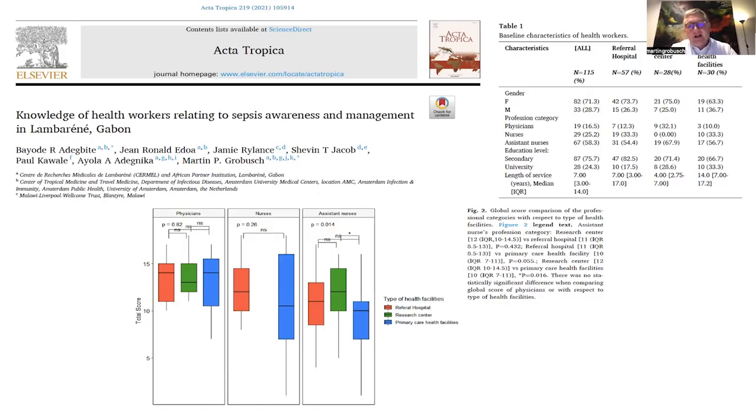And here I'm just referring to one paper, and this has been done by our group together with those of Jamie Rylance and Shevin Jacob across Southern Africa, including Malawi and Gabon and Central Africa. We looked in detail into the level of knowledge between the various levels of healthcare workers.